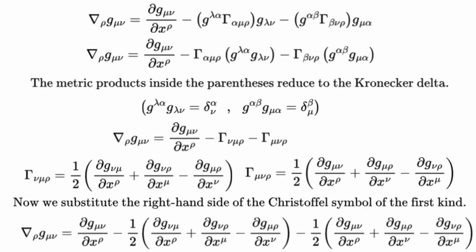The metric products inside the parentheses reduce to the Kronecker delta. Now we substitute the right-hand side of the Christoffel symbol of the first kind.